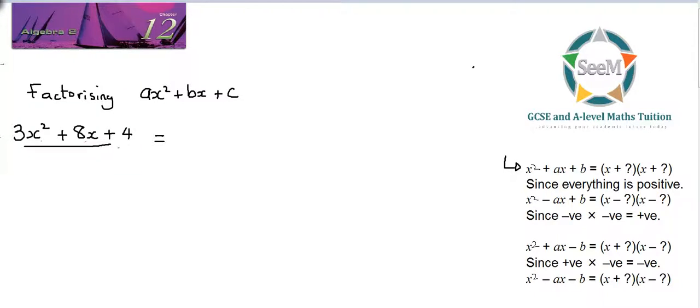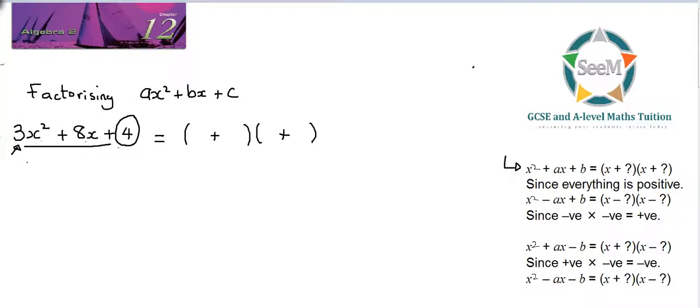Okay, so we know that in the bracket we'll have plus and plus in the bracket. In this case, previously we've looked at situations where we only have to consider this factor here. However, because the coefficient of x squared is different this time, it's not 1, we have 3 there instead of 1.